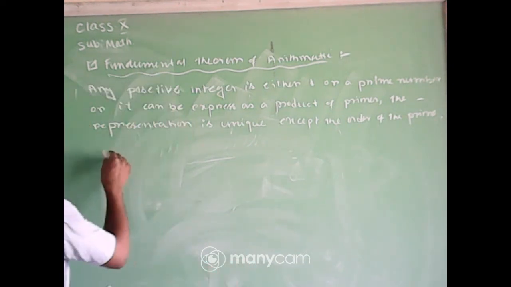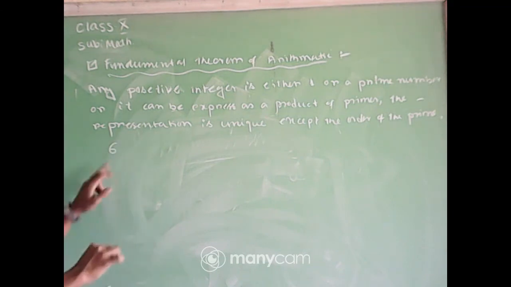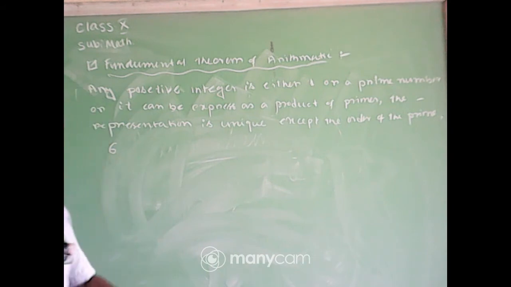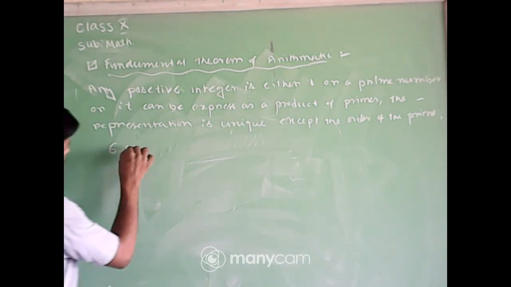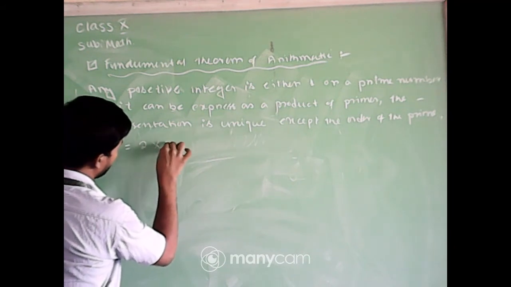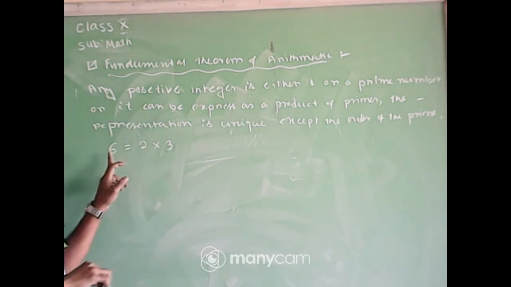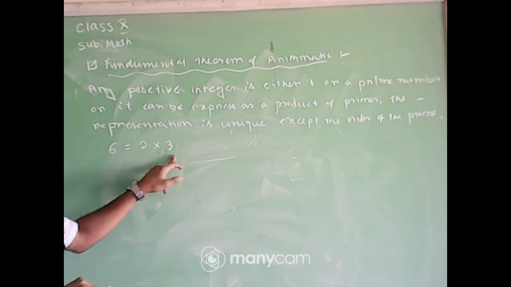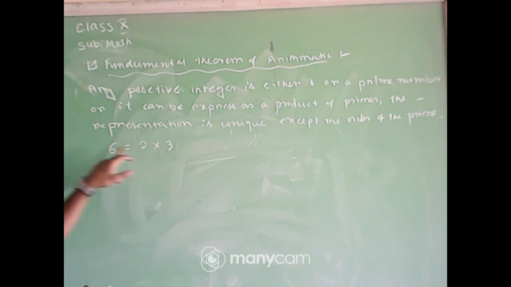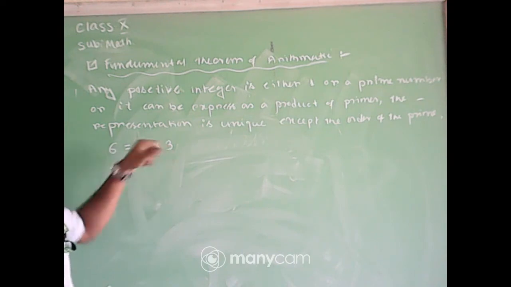Okay, one student has given 6. Now look, 6 is not 1 and also not a prime number. So 6 must be written as a product of prime numbers. We know that 6 can be written as 2 into 3. Here 2 and 3 both are prime numbers. So the number 6 can be written as a product of prime numbers.